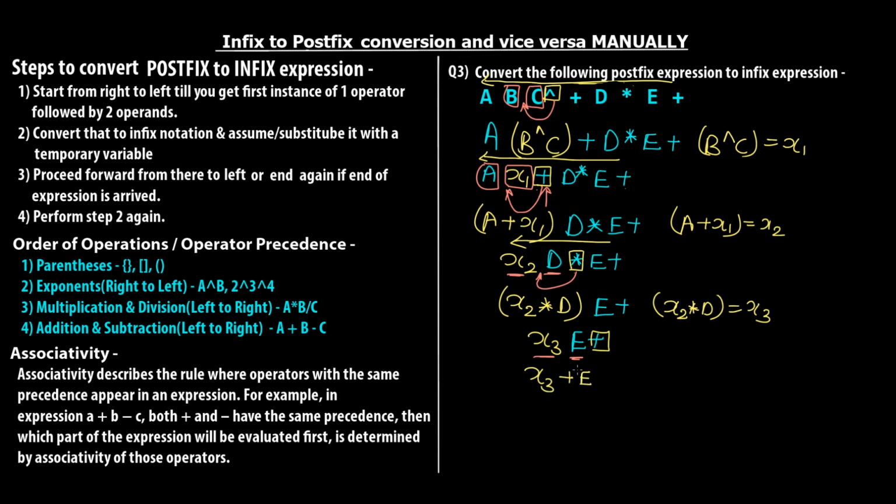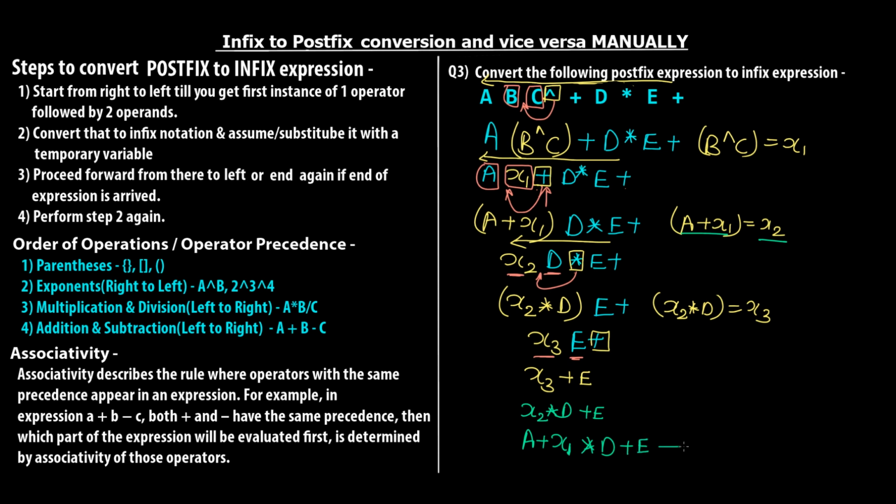Now we just have to resubstitute the values. So x3 is x2 star d. So we get x2 star d in place of x3, and then we have plus e as it is. What is the value of x2? x2 is a plus x1. So we get a plus x1 in the place of x2. Remaining star d plus e is as it is.